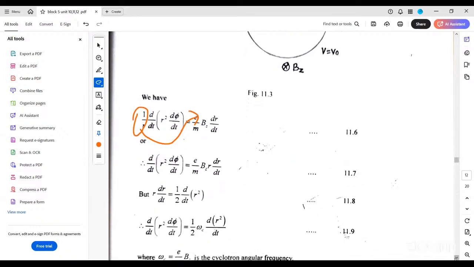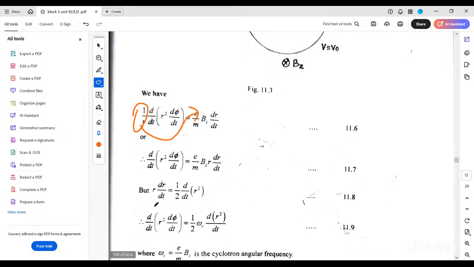But I am treating R dr by dt equal to 1 by 2 times d by dt of R square. This is a direct step. Now substitute this in 11.7.